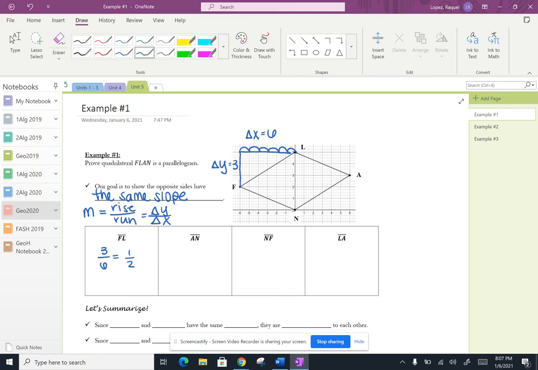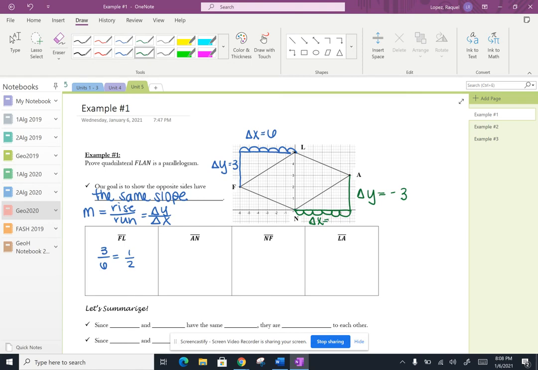So let's do AN. Let's find our change in y. To get from A all the way down to N, I'm going 1, 2, 3 units down. So this is down 3. And then the horizontal distance is going to be 1, 2, 3, 4, 5, and 6. So I had to move 6 units to the left.